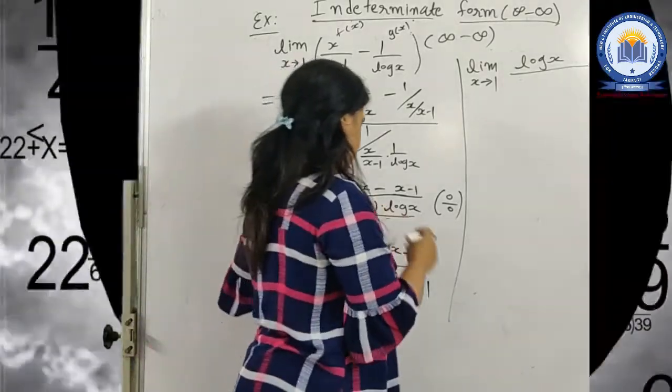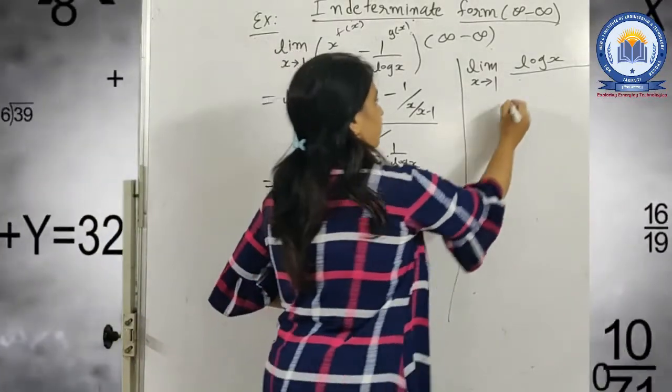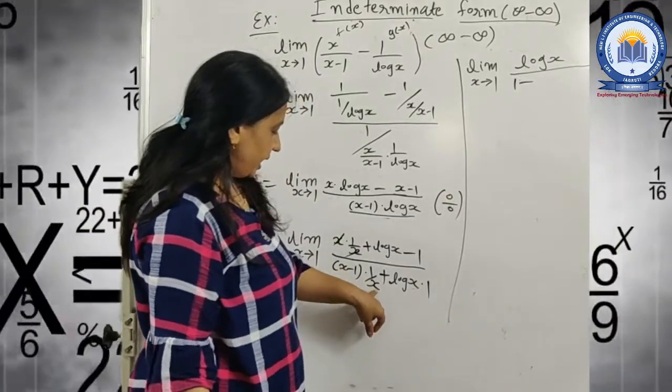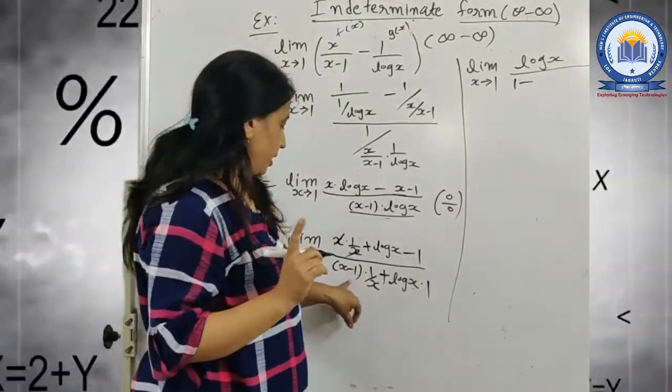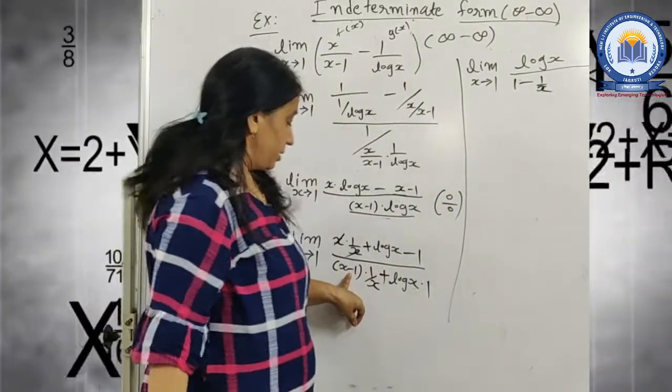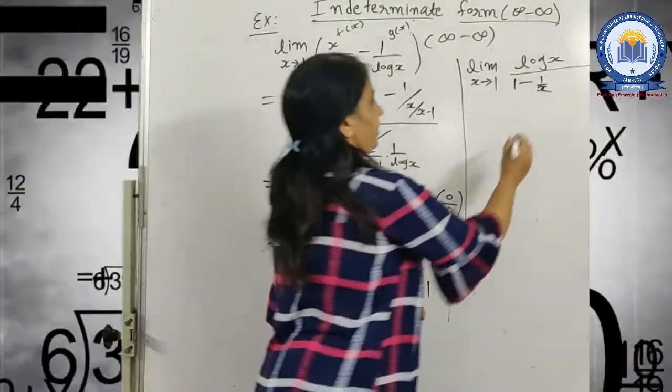So it will become 1 minus, this x multiplied with that gives you 1 minus 1 upon x, plus log x.